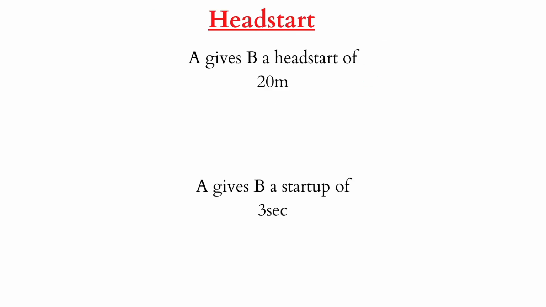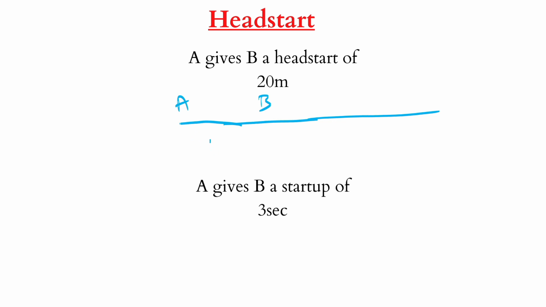Head start. So what's meant by head start? Let's say A gives B a head start of 20 meters. Let's take this. So this is a track. We have A over here and B here. So 20 meters head start means A permits B to be ahead by some distance.